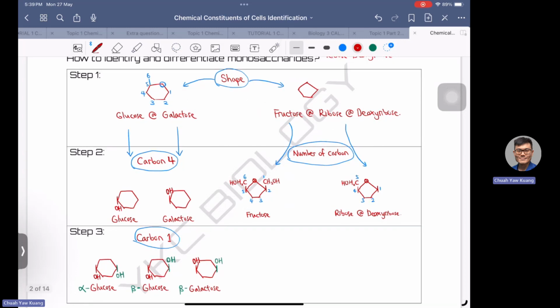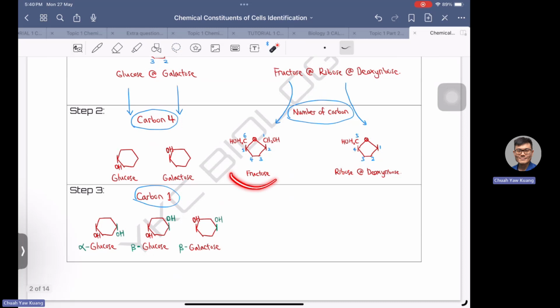And next, after done with the fructose, in step number 3, we can further differentiate whether this is alpha fructose or beta fructose. To differentiate whether it's alpha or beta fructose, we will look at the carbon number 2. That is only for fructose.